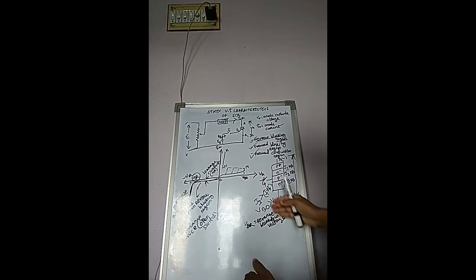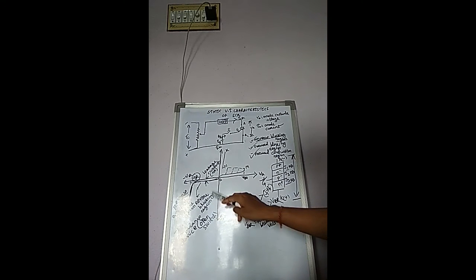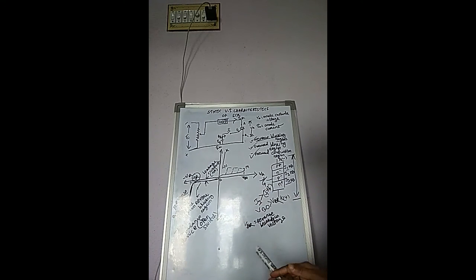So let's go to VBO first. What is this VBO? The reverse blocking region is over, so next we come to the forward blocking region. What happens in the forward blocking region? In this region, when the anode is made positive with respect to the cathode, and the switch is again open, J1 and J3 are forward bias and J2 is reverse bias.